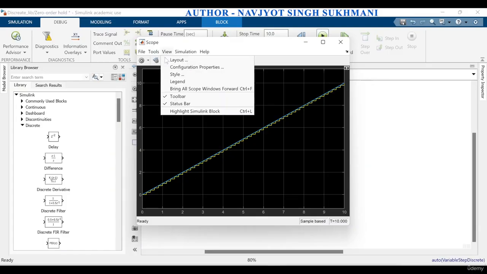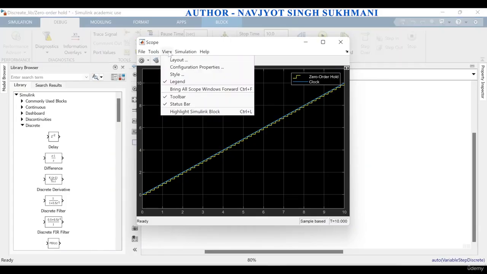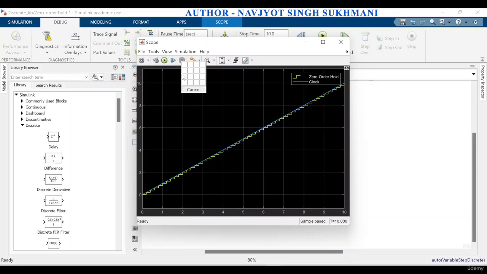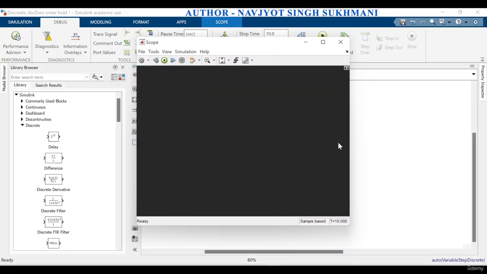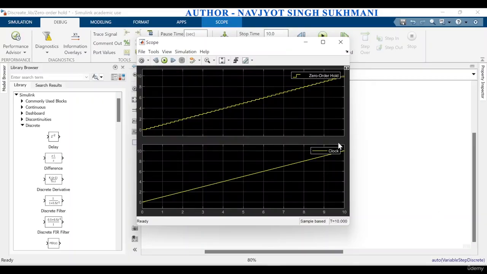Again, I open the legend and make the layout simpler. Previously the memory worked in the same way, but this starts with zero order, whereas memory starts with first order. In the same way this block also works.